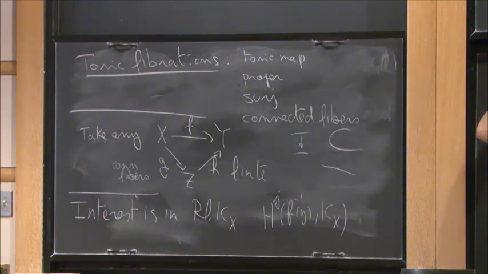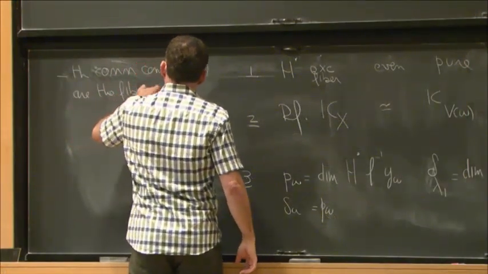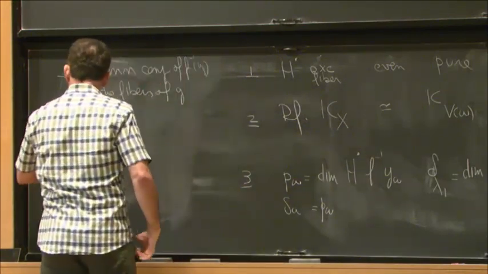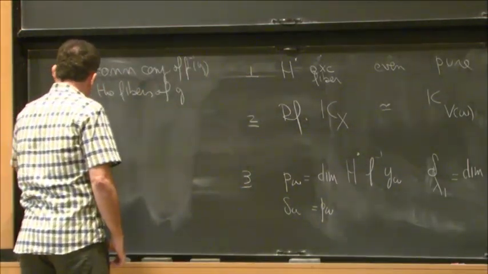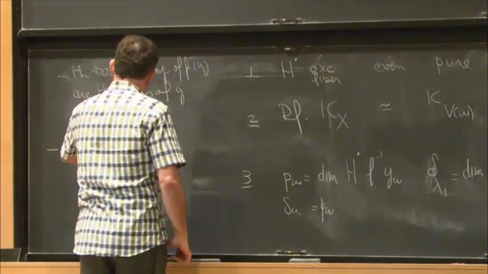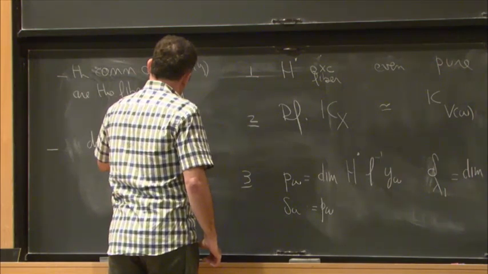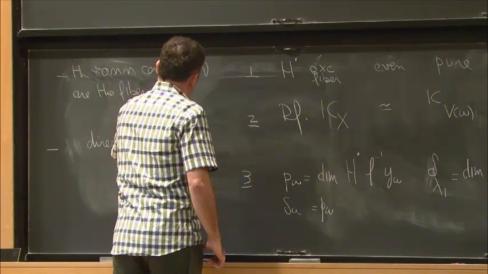One, the connected components of the fibers are fibers of G. And two, all direct summands of Rg lower star.